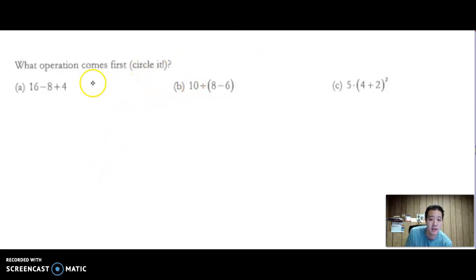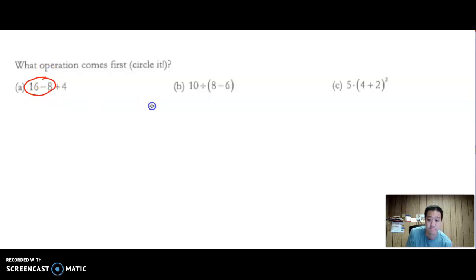In part A, we talked about this. Here we see addition and subtraction, and again, it doesn't mean that addition comes first. We're going to go left to right, and 16 minus 8 comes first.